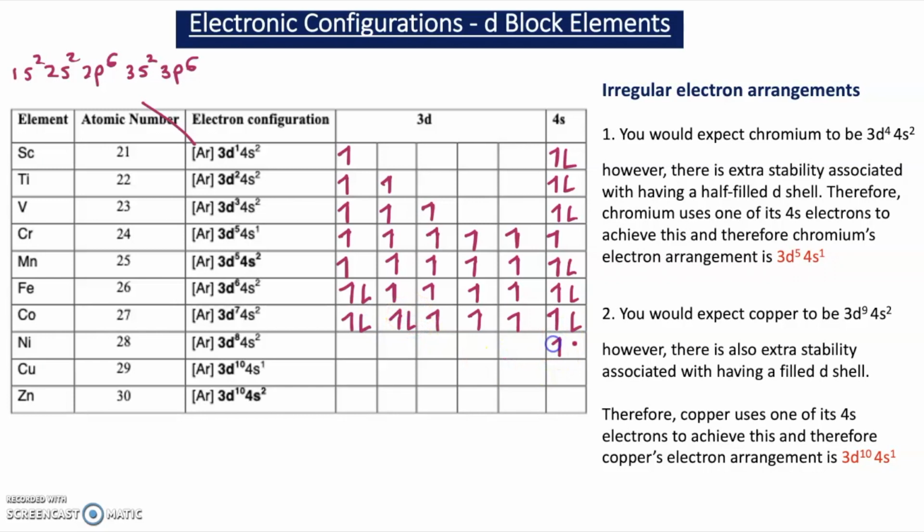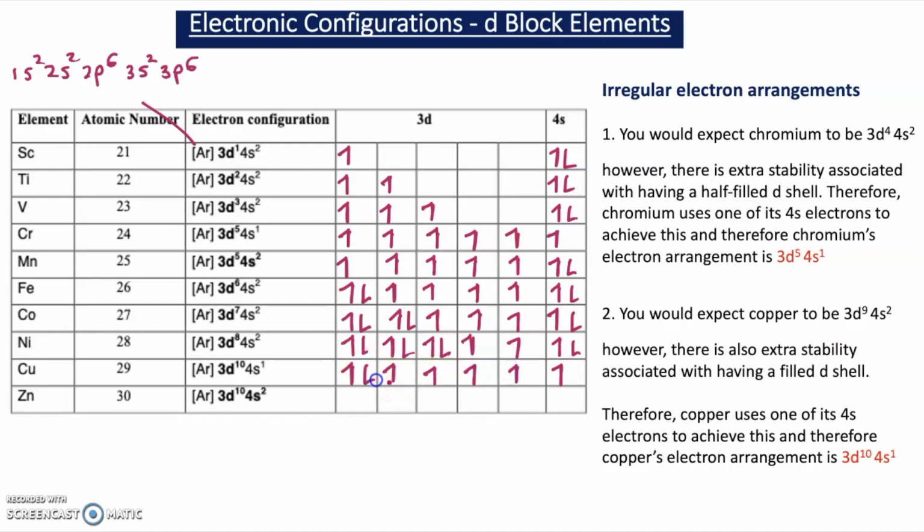And nickel is 4s2 3d8, so again I put them in singly and then I pair them up. Now you would expect copper to be 4s2 3d9, but it's not. It's 4s1 3d10. It's another element that has an irregular electron arrangement, so it doesn't follow the pattern.